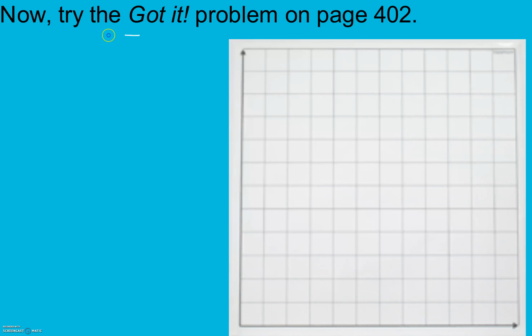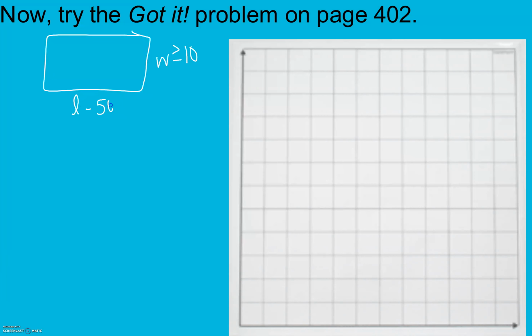So here we have a rectangular dog run. It says you want the run to be at least 10 feet wide. So our width could be 10 or it could be greater than. 10 is the smallest we want it to be. The run can be at most 50 feet long. So our length can be at most 50 feet.